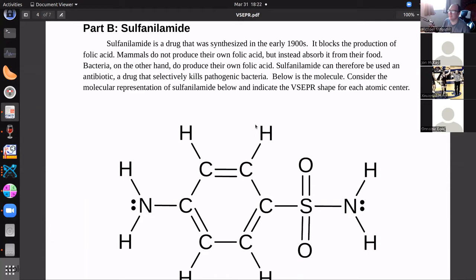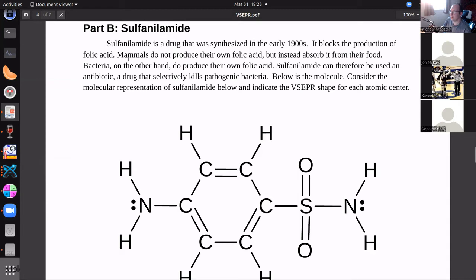All right. So sulfanilamide is a drug that was synthesized in the early 1900s. It blocks the production of folic acid. Mammals don't produce their own folic acid, but instead absorb it from their food. Bacteria, on the other hand, do produce their own folic acid. So sulfanilamide can therefore be used as an antibiotic.